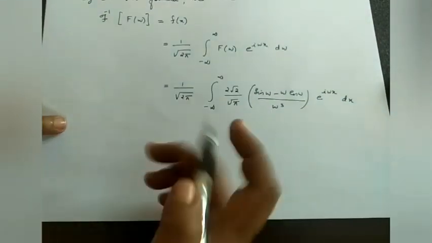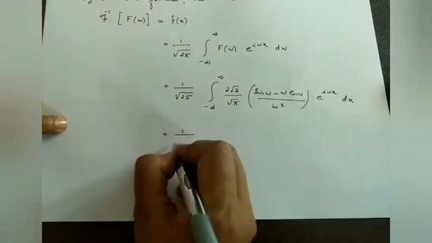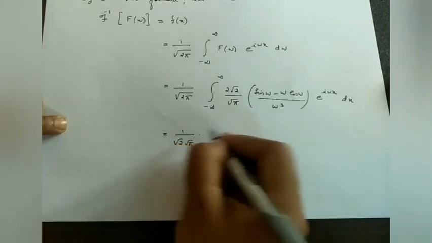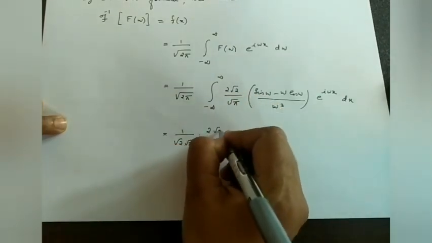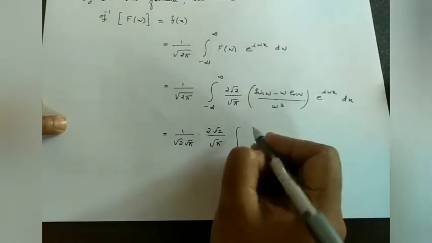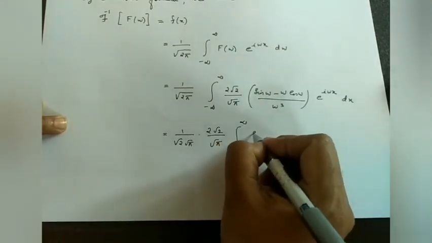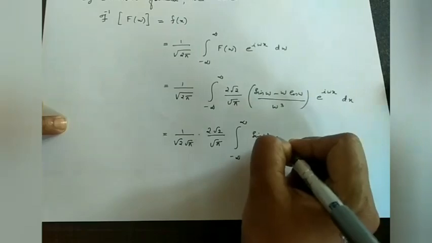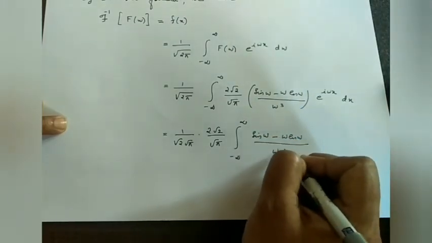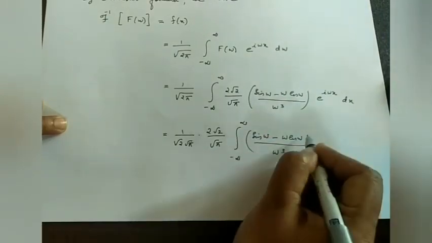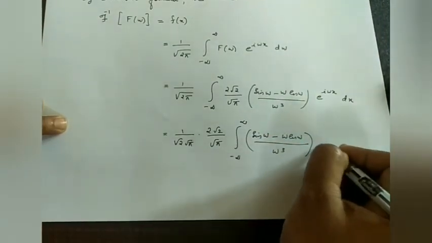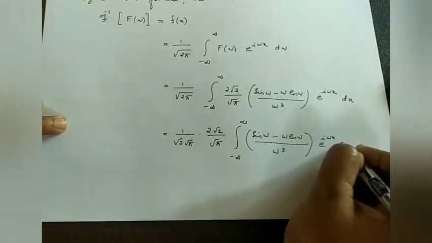Again root 2 pi can be written as root 2 into root pi. We can take 2 root 2 by root pi outside, which is a constant. Then integral from minus infinity to infinity, sin omega minus omega cos omega by omega cube into e raised to I omega x dx.